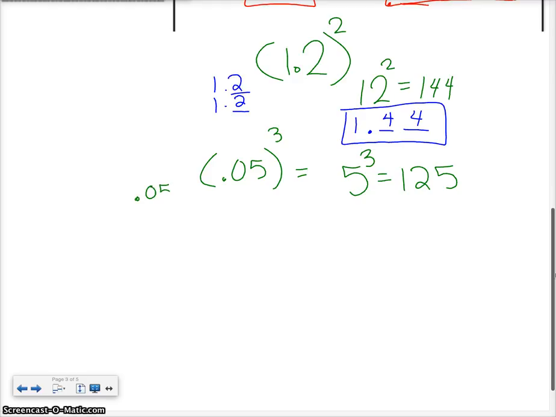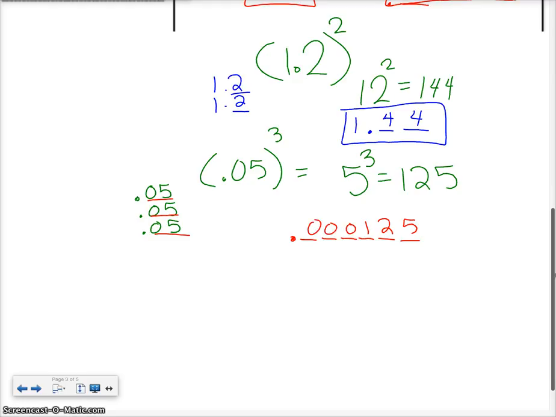So I have 0.05 3 times. So I need 2, 4, 6 spots to the right of the decimal. So here's my decimal, 1, 2, 3, 4, 5, 6. And then I fill in the blanks. I have the 1, 2, 5, and then your placeholder zeros.